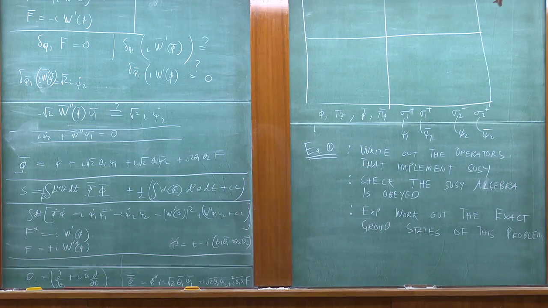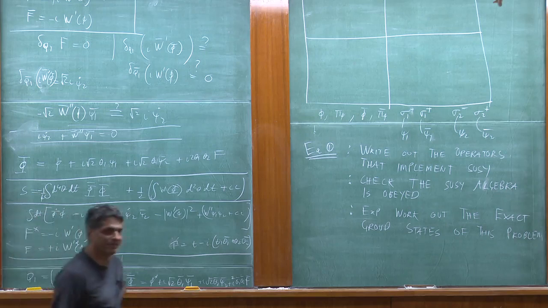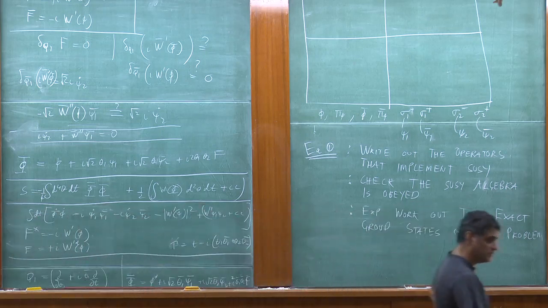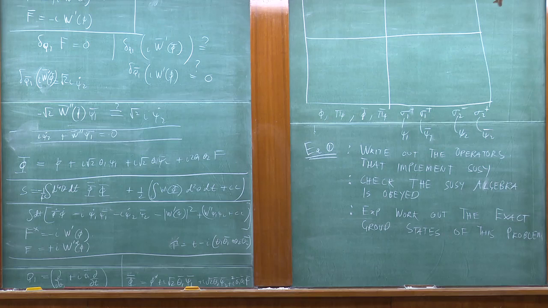You know, we've got plenty of equations to help us work out the ground states, because ground states are annihilated by both Q1 and Q1 bar, but also by Q2 and Q2 bar. So the ground states have to satisfy 4 first order differential equations.